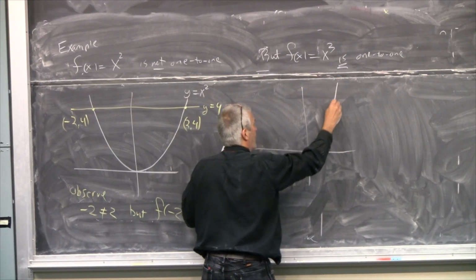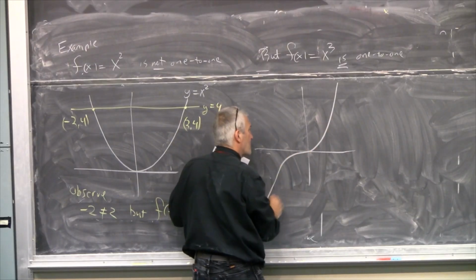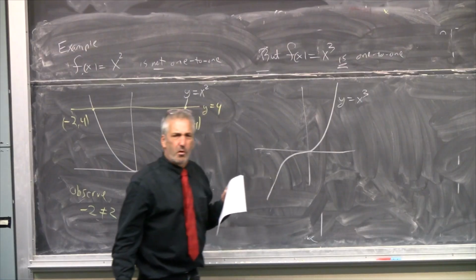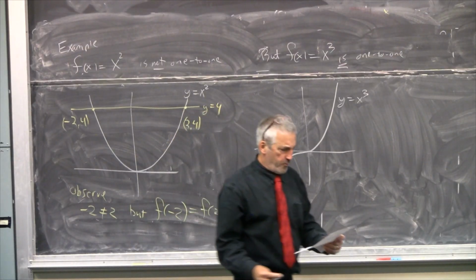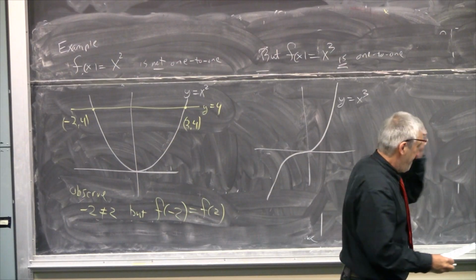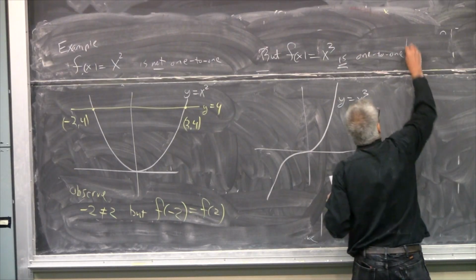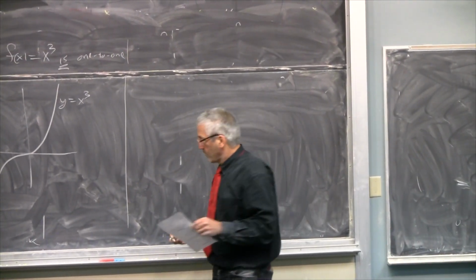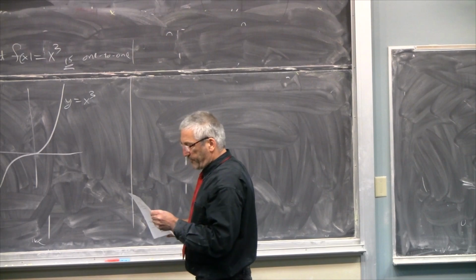So if I look at the graph of y equals x cubed, there is no horizontal line that touches that graph more than once. So, definition of an inverse function.